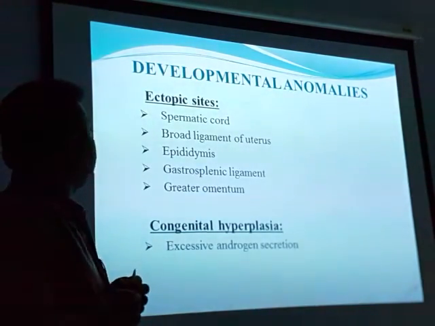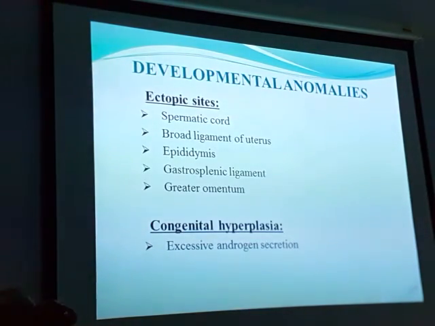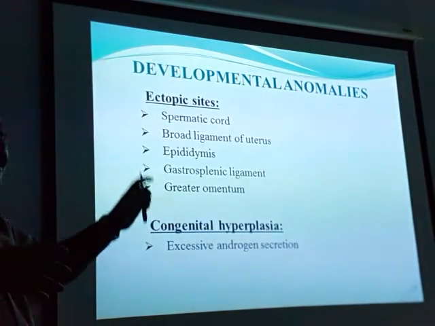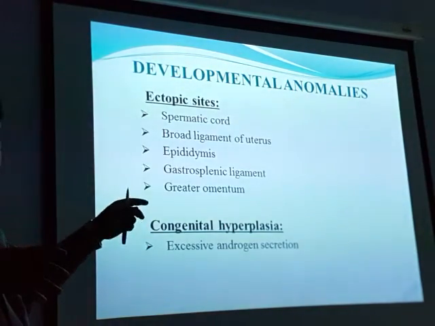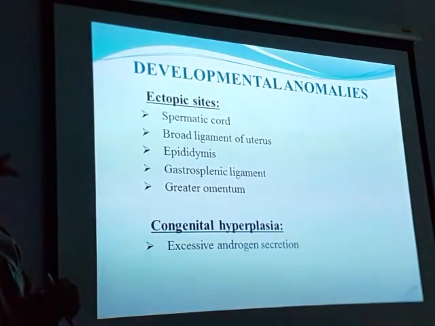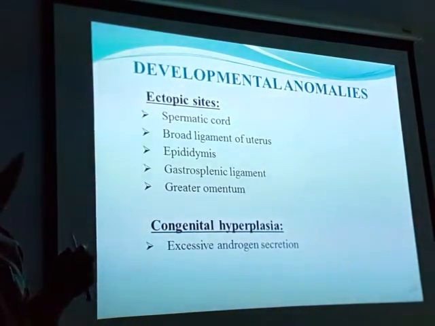And next is the developmental anomalies of the suprarenal gland, that is the ectopic sites. Normally it is above the upper pole of each kidney, right and left.